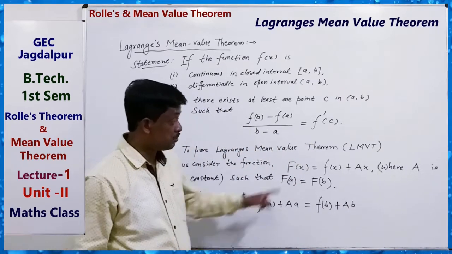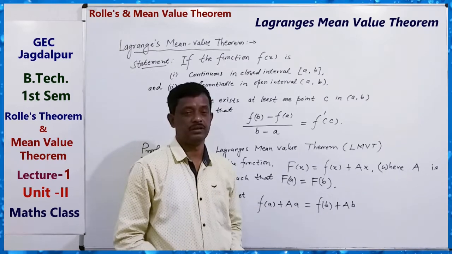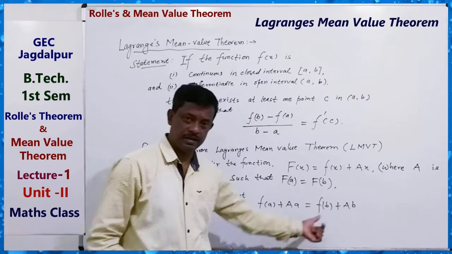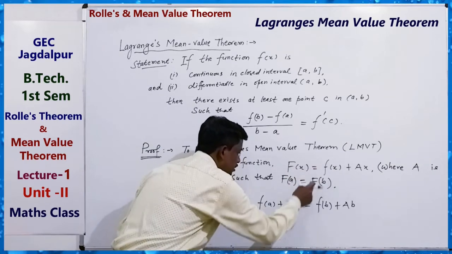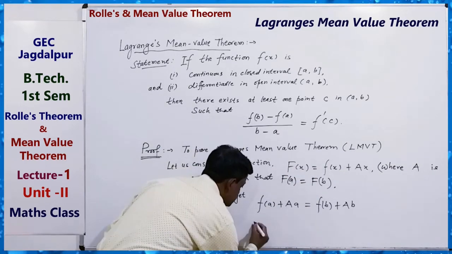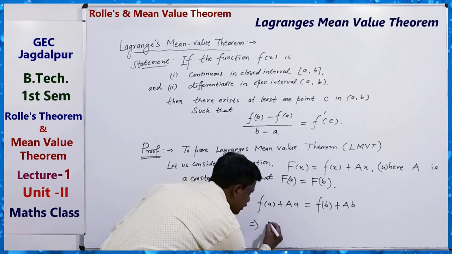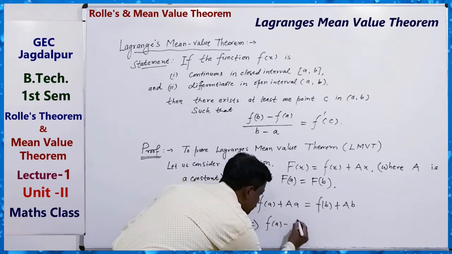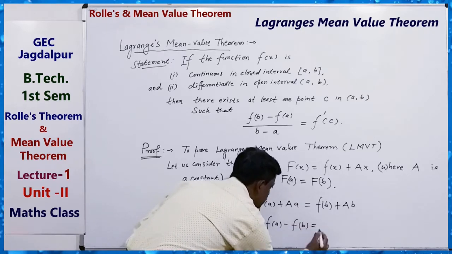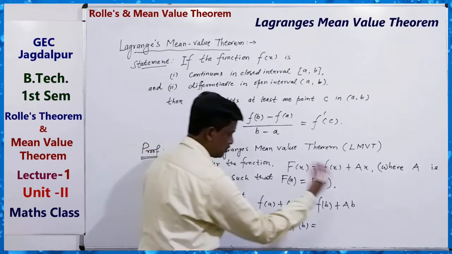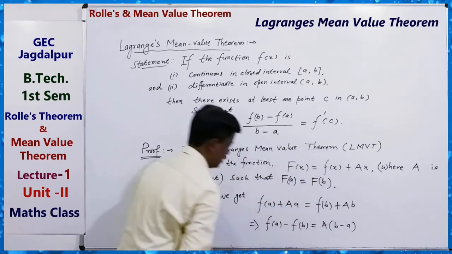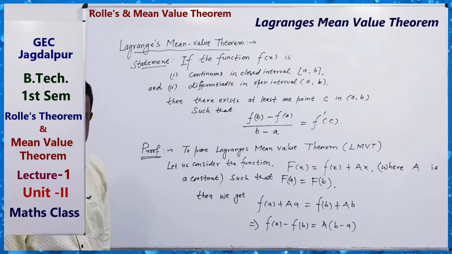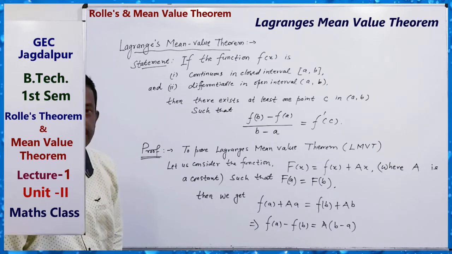We consider this function such that F(a) equals F(b). From F(a) equals F(b), putting x equal to a and x equal to b, we see that f(a) minus f(b) equals, transferring to the right hand side, A into (b minus a). From here we find the value of capital A.